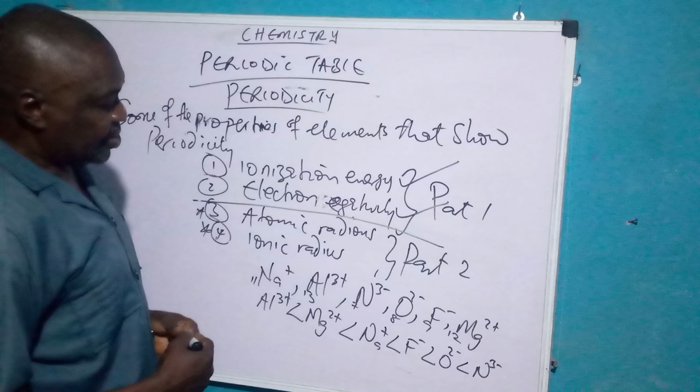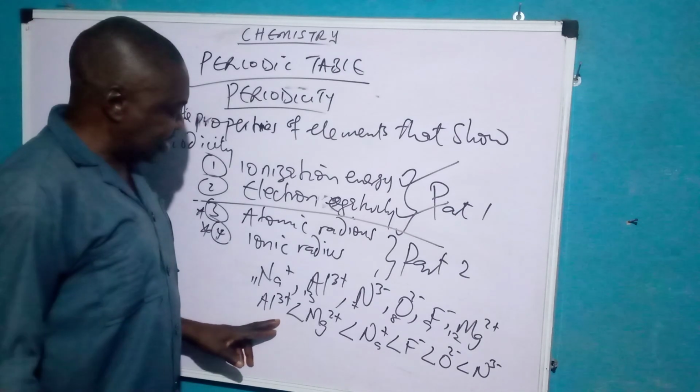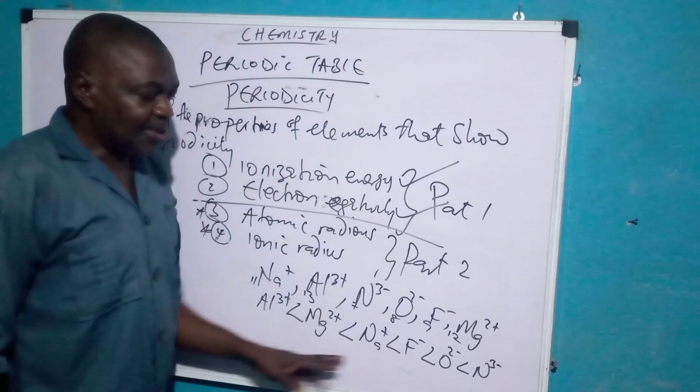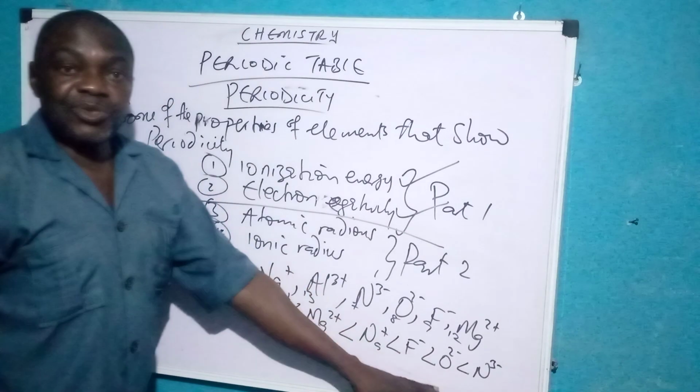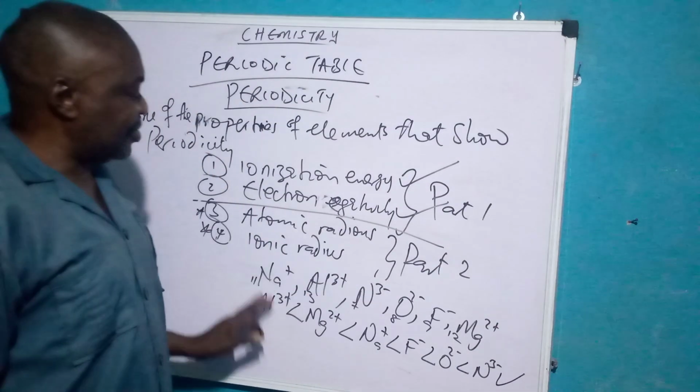You see it? So for this mixture of ions, as the atomic number increases, the size decreases. This is how you arrange it, and these are the kind of questions they normally ask.